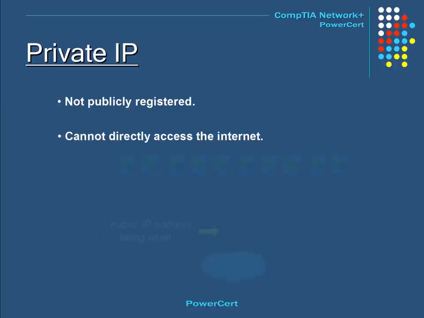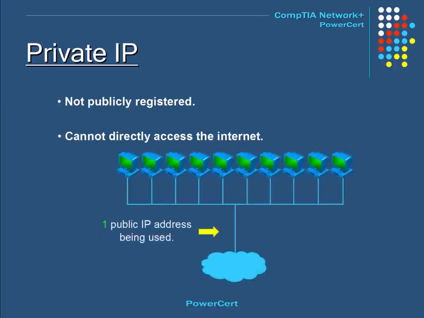In private IP addressing, you can create these 10 private IP addresses and just have one publicly registered IP address from your ISP. These 10 private IPs would then be translated into the one public IP so your employees can have access to the Internet. This not only saves money, but it also helps prevent having a shortage of public IP addresses.